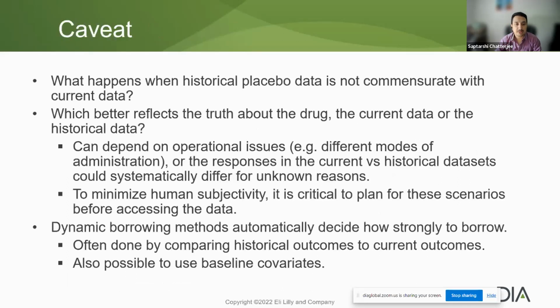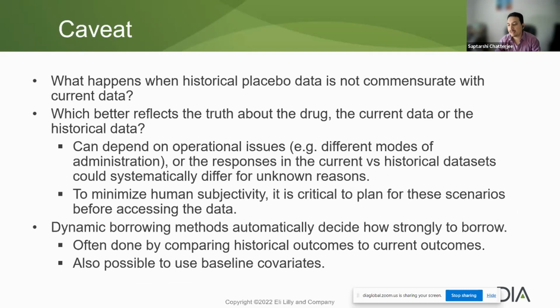But there are some caveats. There are some challenges. For example, what happens if the historical placebo data is not 100% commensurate with the current data? If there is some sort of mismatch, this goes back to the question of a prior data conflict, and what we are going to do with that.